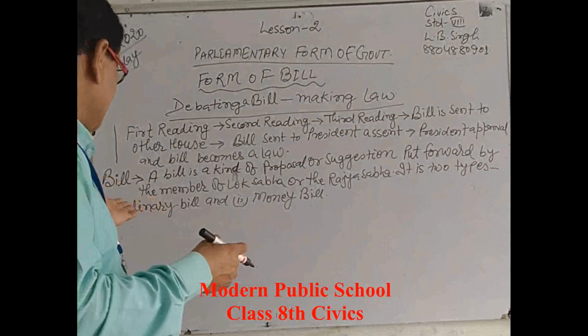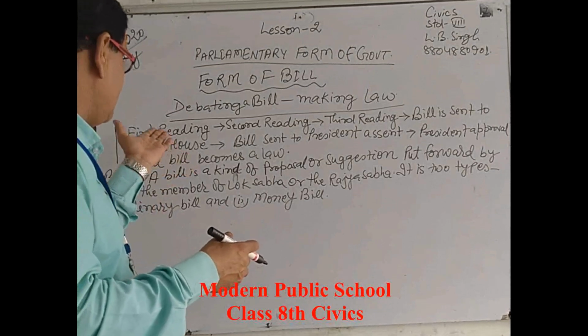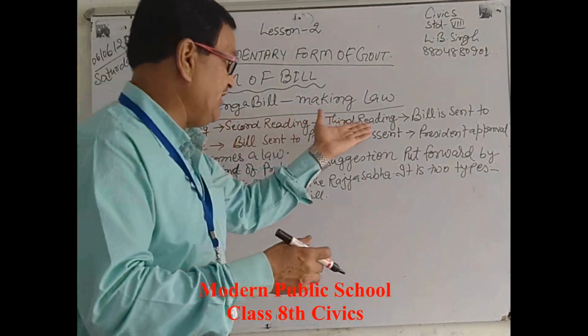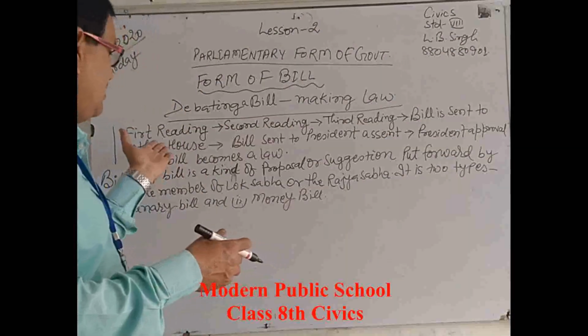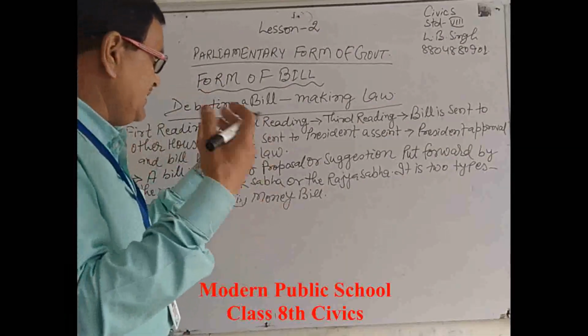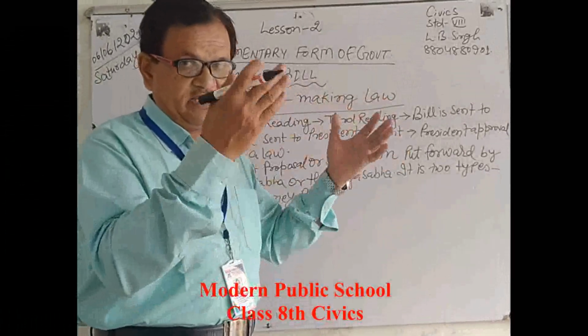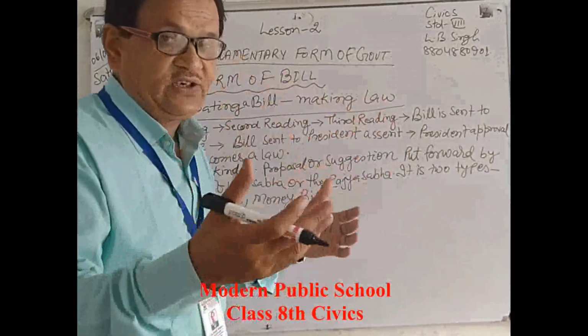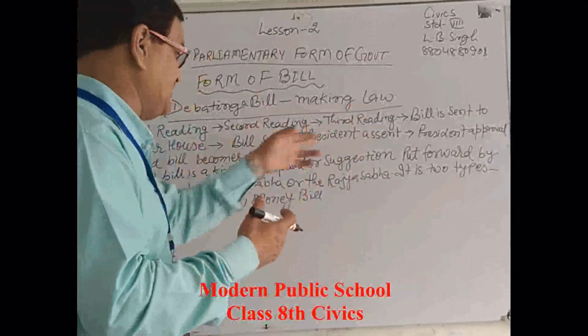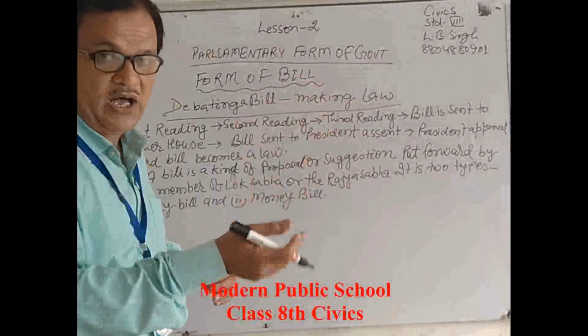That means, as in the figure: first reading, second reading, third reading, bill sent to the other house, then assent of the President, and after the President's approval, it becomes law. So it is called the ordinary bill.